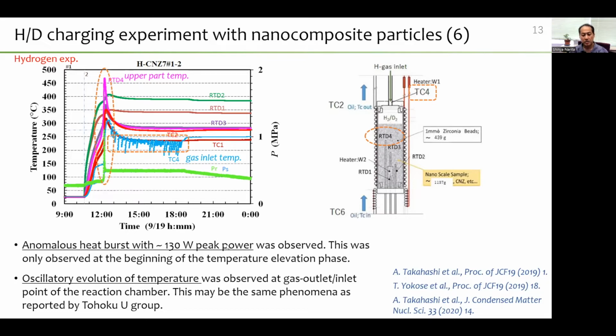And oscillatory variation of temperature was observed at gas outlet input. This is measured by the TC4 thermocouple 4. And this may be the same phenomena as reported by Tohoku University group I mentioned in the previous slides.